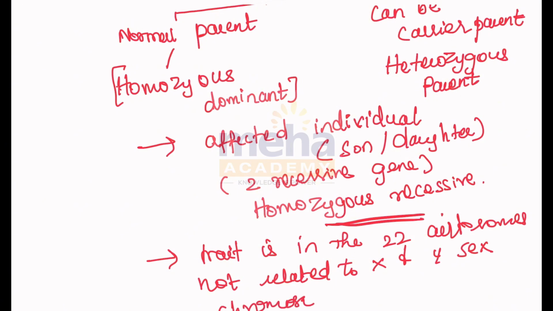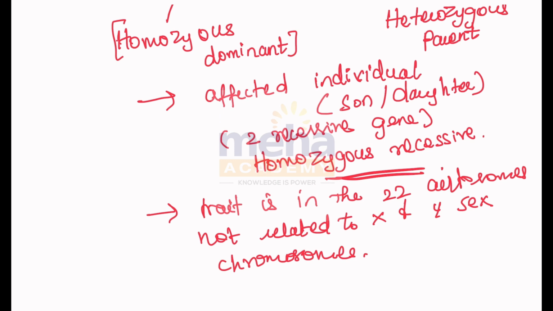Since that is the case, there is no priority that only the girls or only the boys will get it in the family. Both of them will be equally affected, male and female, because it is happening in the 22 autosomes. Then, how do you understand?